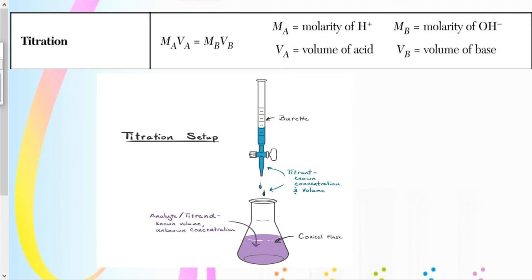So MA, meaning concentration of the acid, times VA, meaning volume of the acid, equals MB times VB, meaning concentration of the base times the volume of the base. They're equal to each other because at the end, after the titration, everything should be neutralized, meaning all acids and bases are going to produce salt and water, which is something that is neutral.